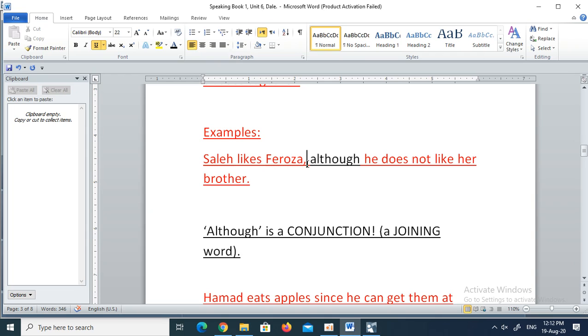In this sentence, Sally likes Feroza is one clause, let us call that clause number 1.